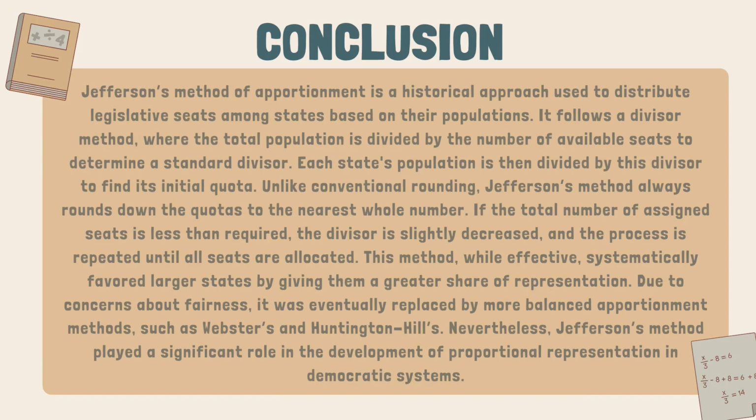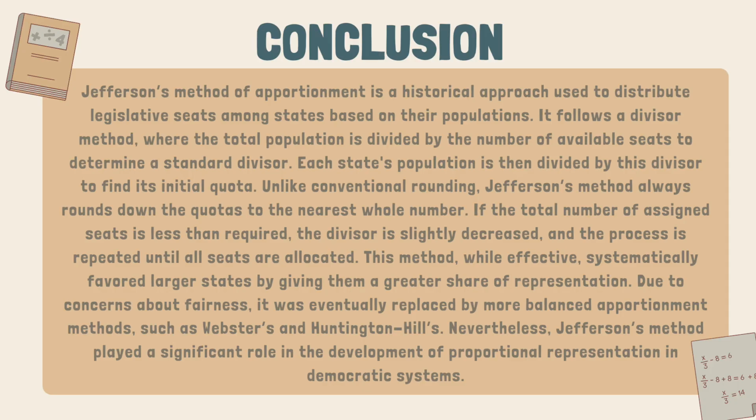Conclusion about Jefferson's method. Jefferson's method of apportionment is a historical approach used to distribute legislative seats among states based on their populations. It follows a divisor method where the total population is divided by the number of available seats to determine a standard divisor.